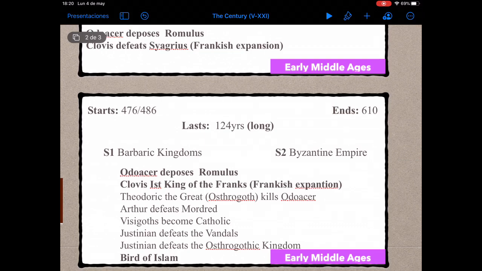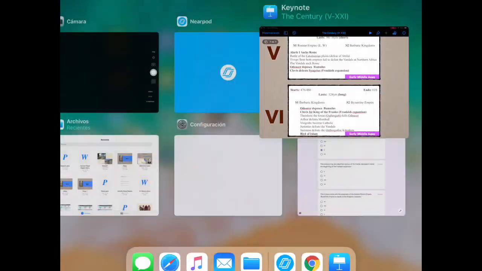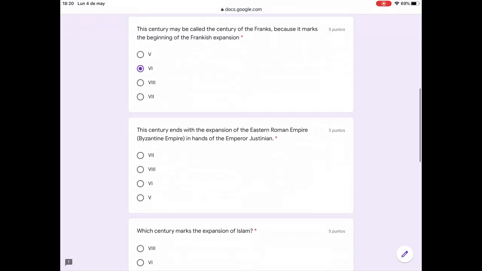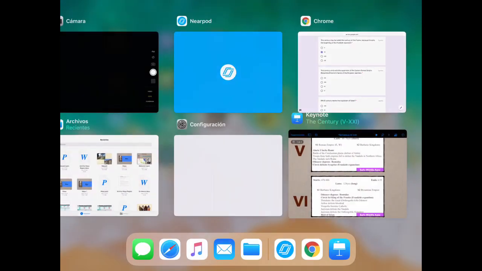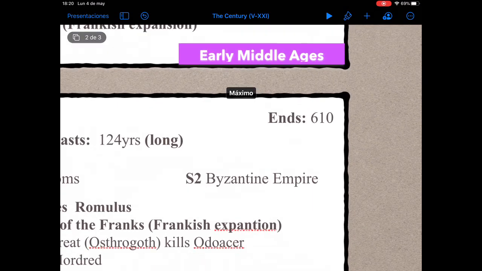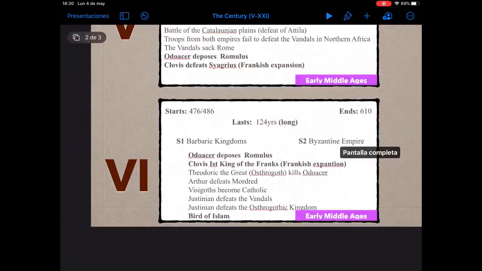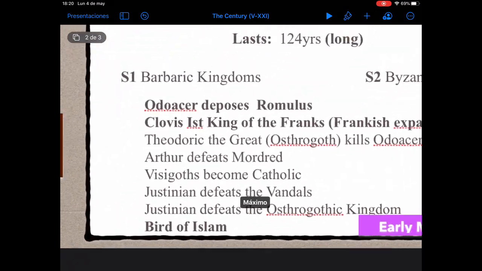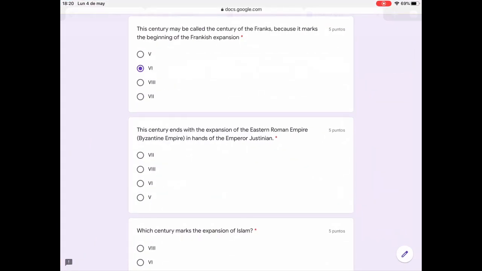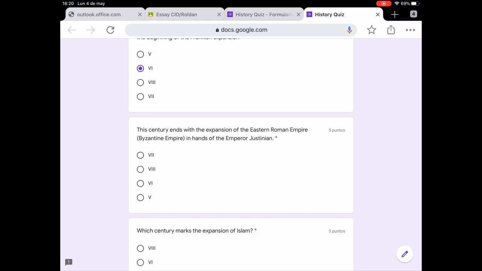So over here the beginning is the beginning of the 6th century, so we can write it over here. Then we have this century ends with the expansion of the Eastern Roman Empire or the Byzantine Empire. Again, it is the 6th century. We can see that the final state is the Byzantine Empire. And here we have it. So again, that is going to be a 6.